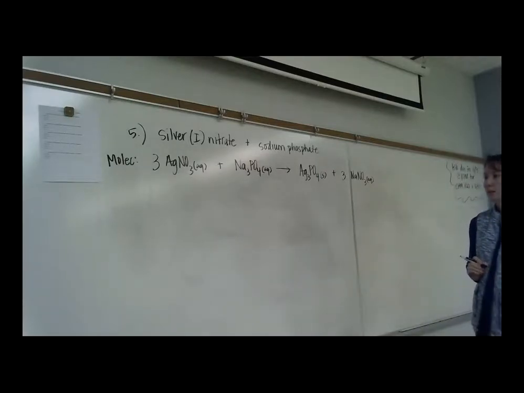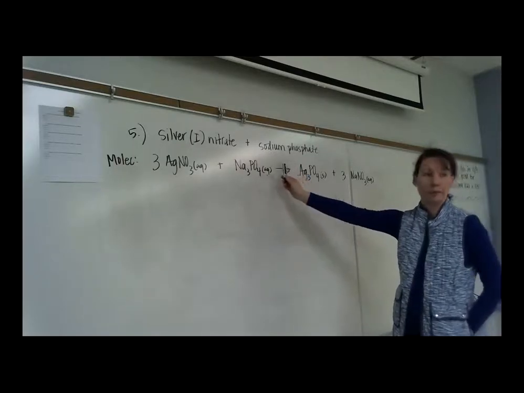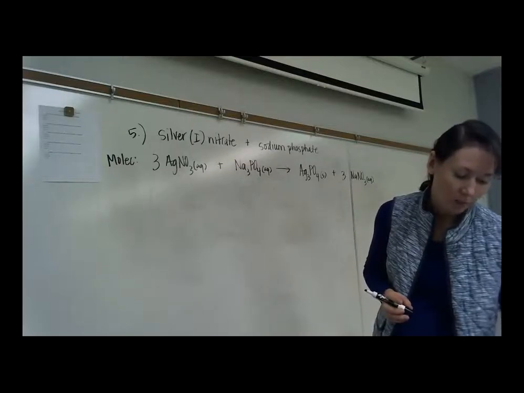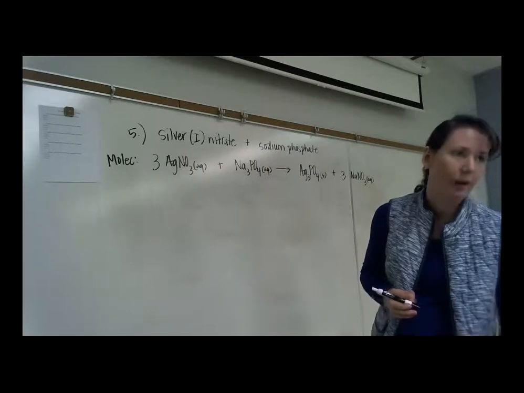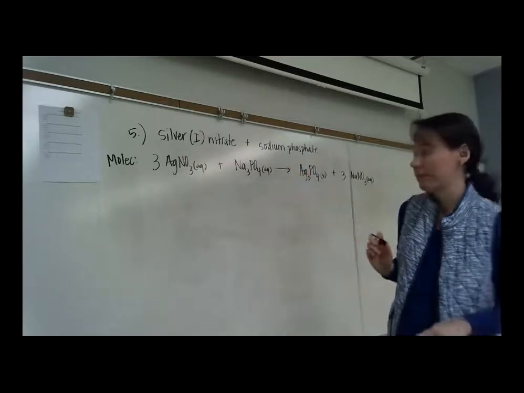How do you know the other one, the nitrate, sodium, how did I know that was soluble? Well, the problem tells me it's a solution. But if you look at your solubility rules for phosphate, it says all of them are insoluble except ammonium and alkali metals. Alkali metal is group 1, and sodium's in group 1. Does that make sense?